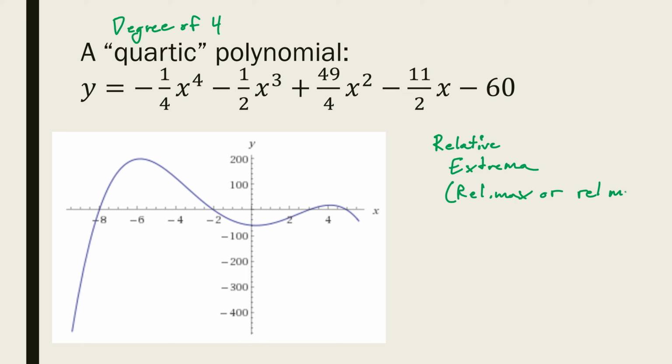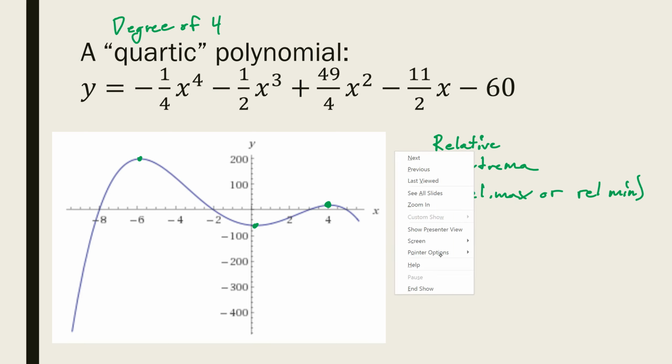So relative extrema just refer to hitting an extreme value. It's either a max or a min if we're looking at that small little section. Here is a relative max, so it counts as a relative extrema. Here is a relative min, so it counts as a relative extrema. And here's another relative max. That's pretty crazy. There are 3 relative extrema in this quartic function.